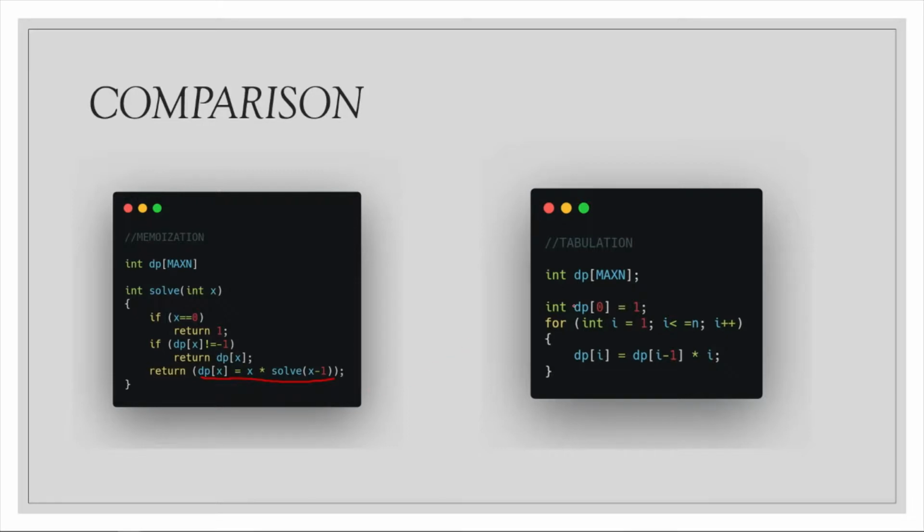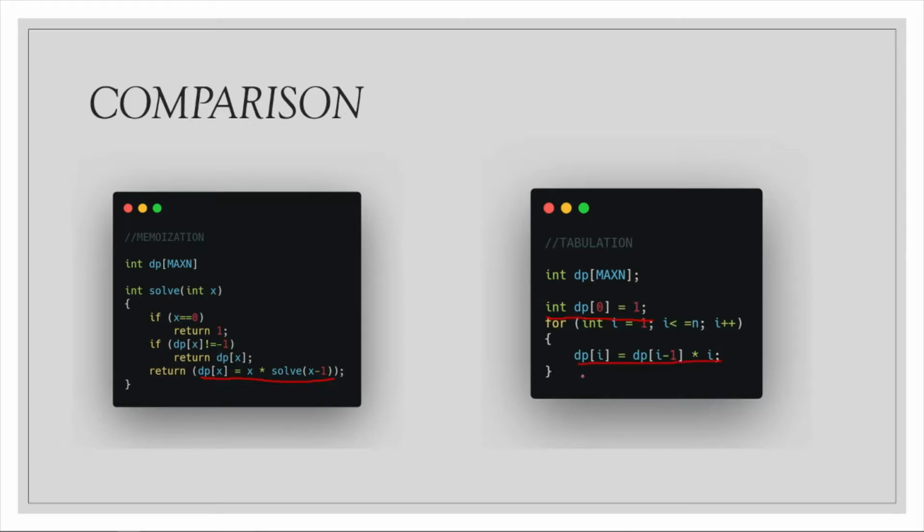Now let us look at the tabulation method. Here we again use the dp array and set dp of 0 as 1. We then iterate over the dp array and find the values using the previous values.